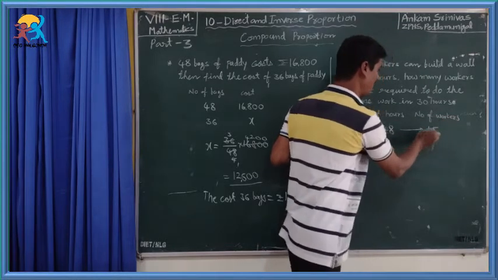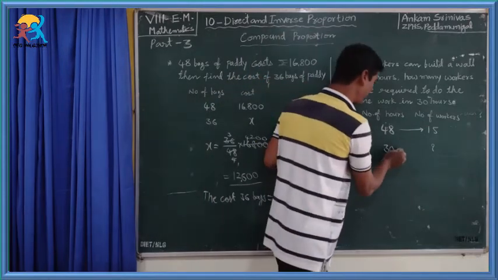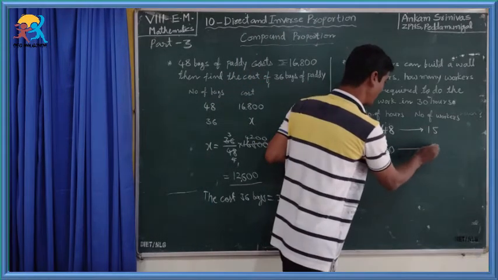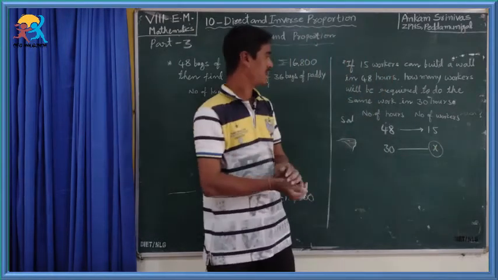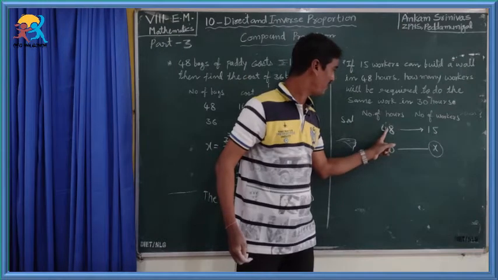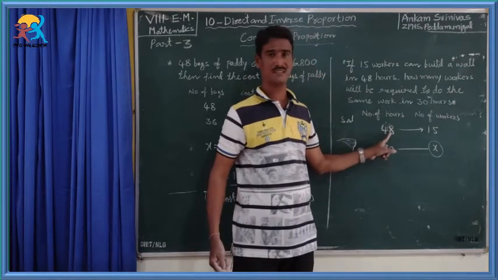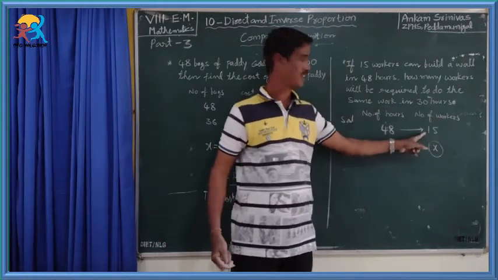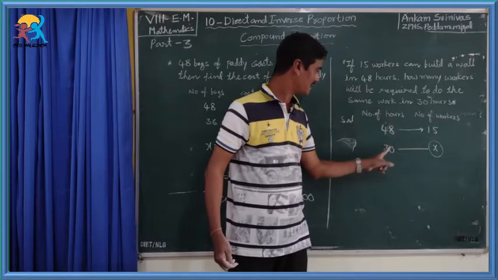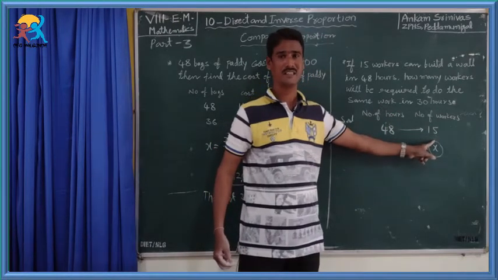So for 30 hours, how many workers do we require? If we increase the number of hours, then the number of workers is less. If the number of hours is decreased, then the number of workers will be increased.